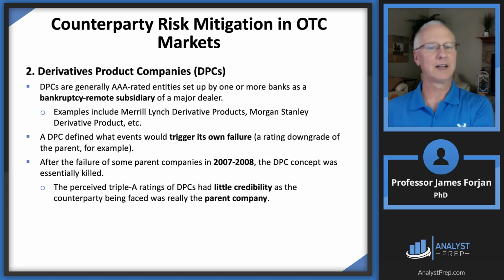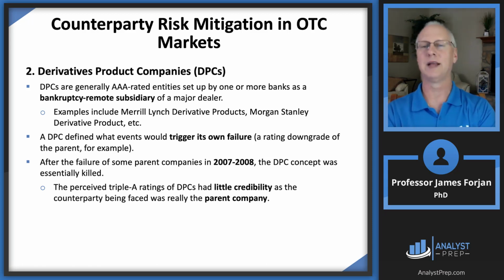And swinging back to my example with the credit default swaps, if we're writing all these credit default swaps, this is going to be a DPC. What happens is that the parent creates this DPC and puts enough capital into this entity so that it's going to get a AAA rating, regardless of what the rating of the parent bank is, right?